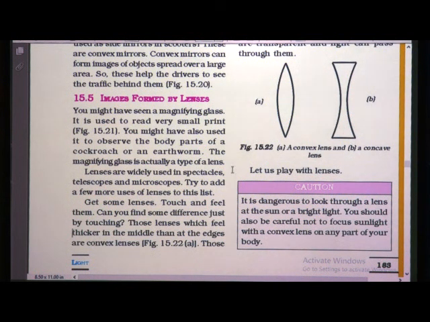Now we read that activity: you hold that lens in the light of the sun over a paper for a minute, and after 1 minute you will see that the paper is going to burn. Don't perform this activity at your home, because it is dangerous. So it is dangerous to look through a lens at the sun or bright light, because of this reason.